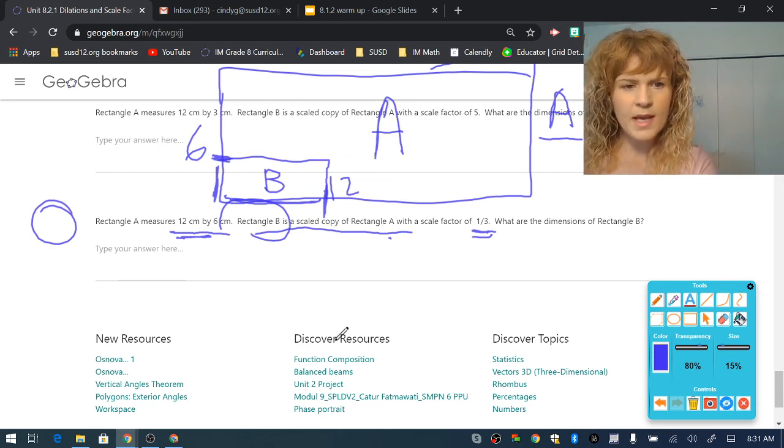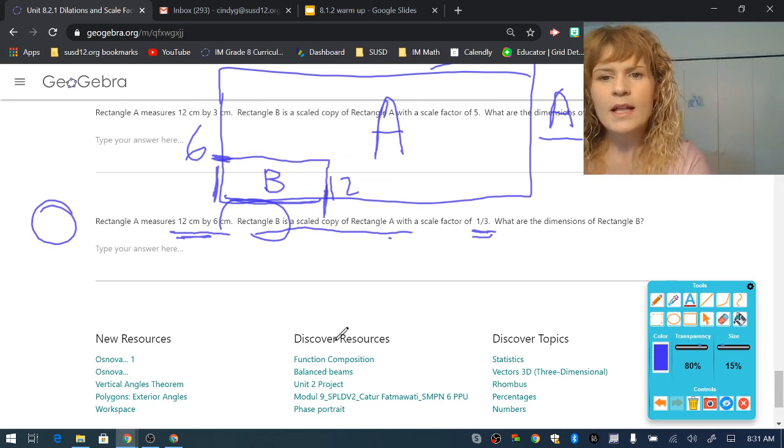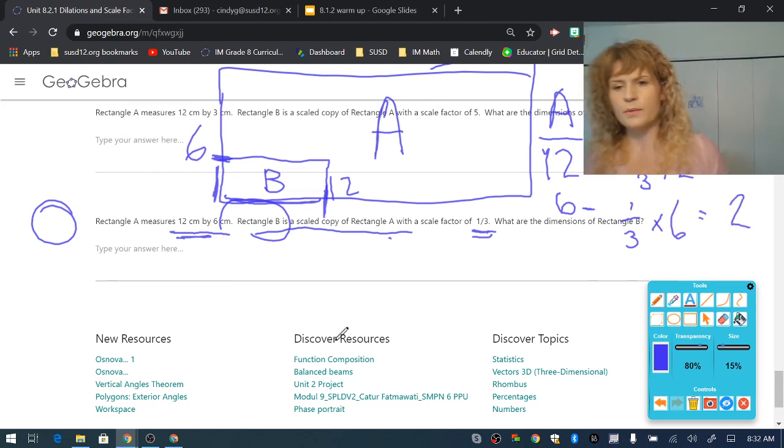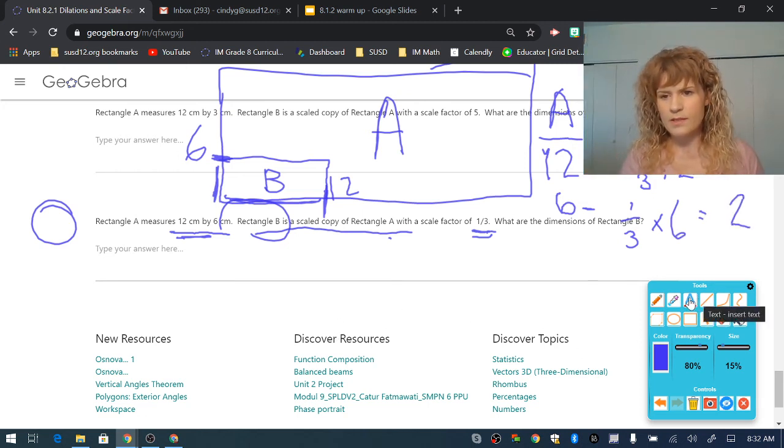So the big rectangle A has length of 12 and height of 6. So for B, the length is going to be 1/3 the length of A. 1/3 of 12. 1/3 times 12, that equals 4. 1/3 the height of A, let me write that out. That is equal to 1/3 times 6. That equals 2. Okay, type in your answer.